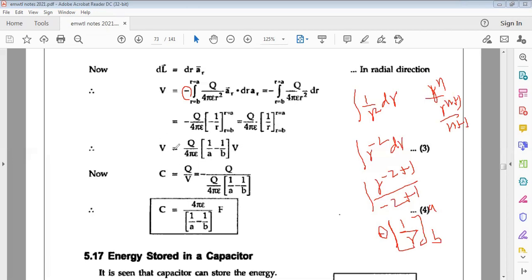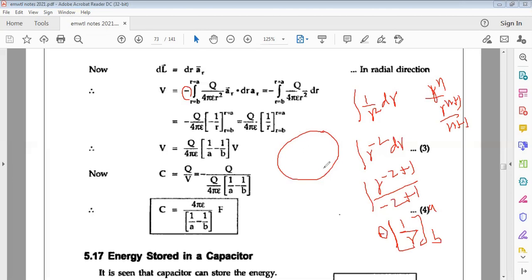Now substituting this voltage V and the charge Q into C equal to Q by V. Here it is not a length or a surface; it is only the charge on a spherical shell, with the negative charge outermost and the positive charge innermost.